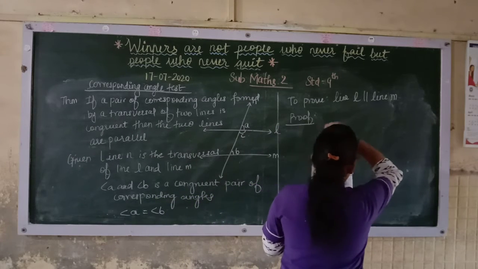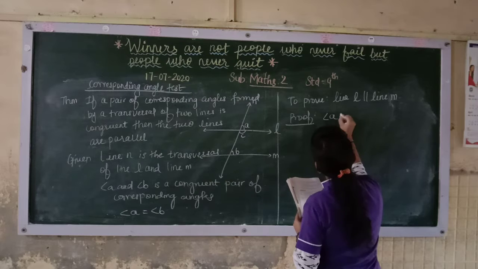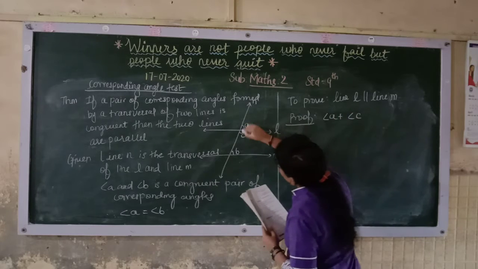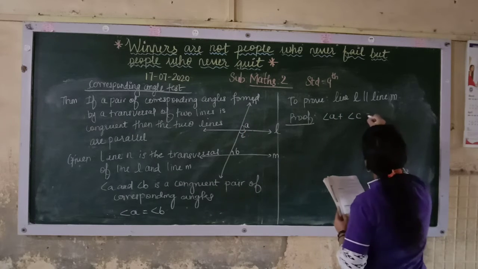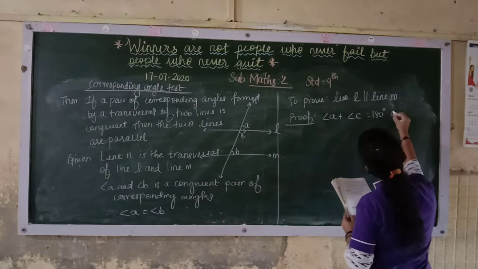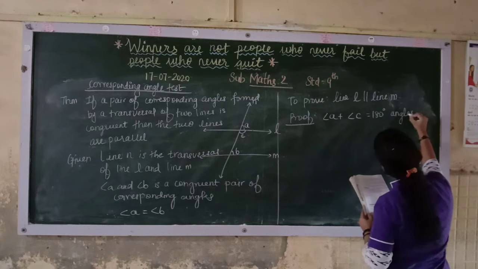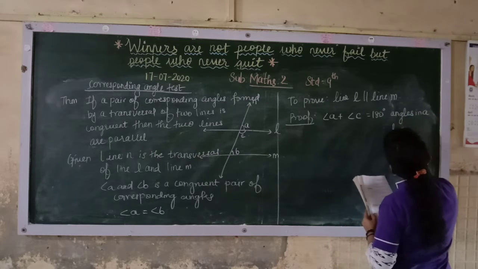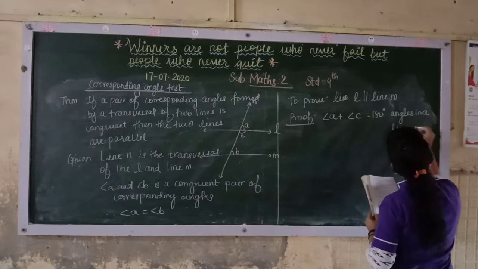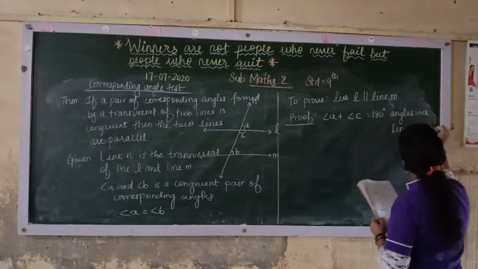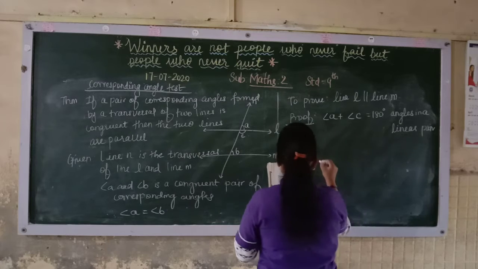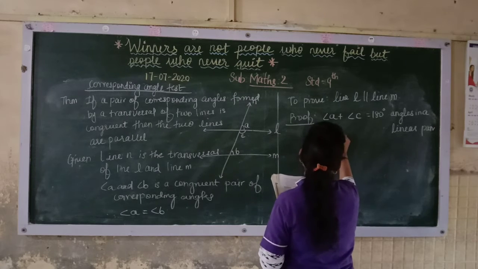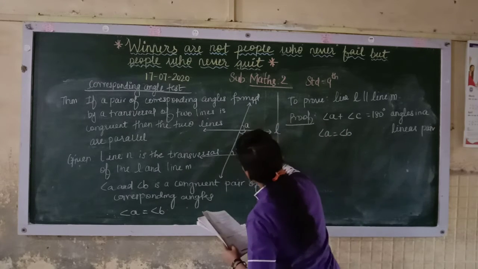So here we will write angle A plus angle C. See, they are in a linear pair. This term is 180. So reason we will write angles in a linear pair. But what you know, that angle A is equal to angle B. They are corresponding angles.